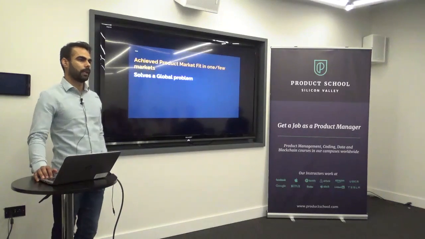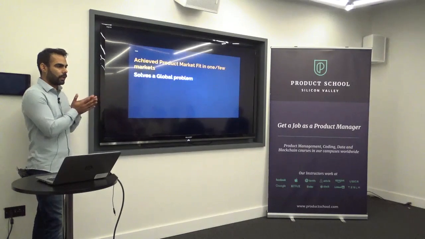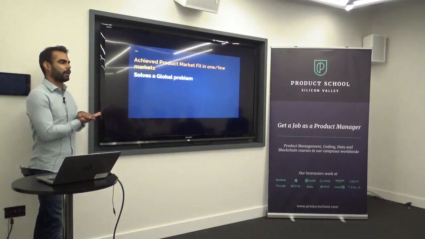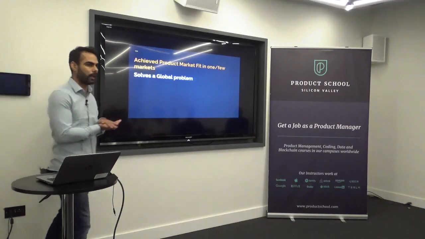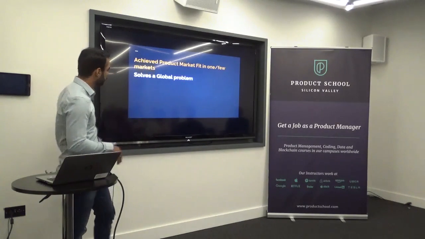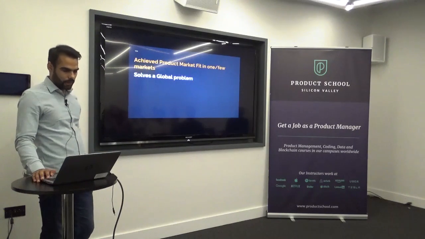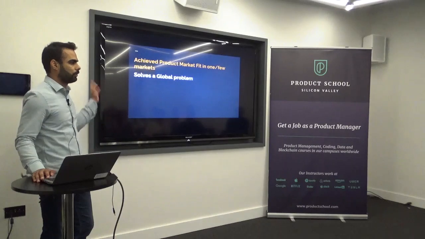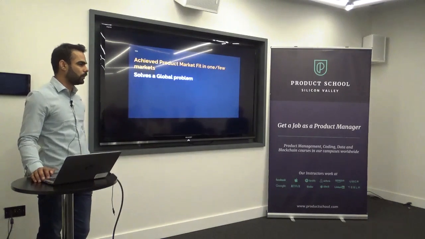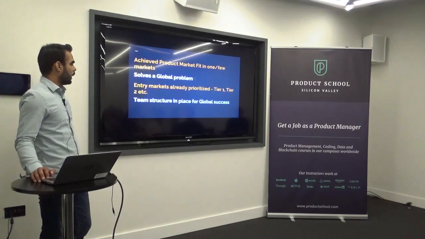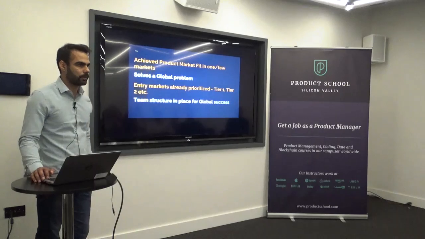let's assume some things, right? So that all of these things are already established, and on the basis of those assumptions, we move ahead and say what we need to do next, right? So let's say you have already a product which has already achieved the product market fit in one or few countries. You know that this product solves a global problem, and other parts are you have figured out your international expansion strategy, right?